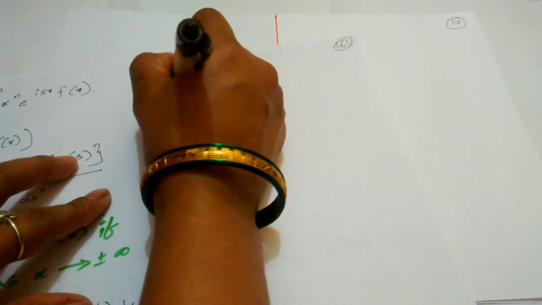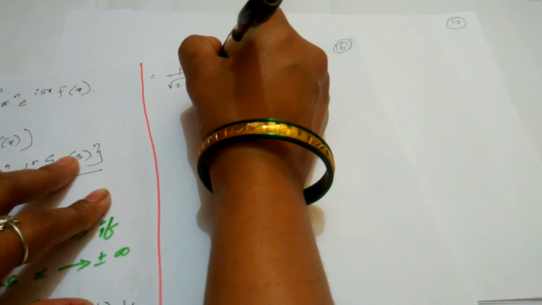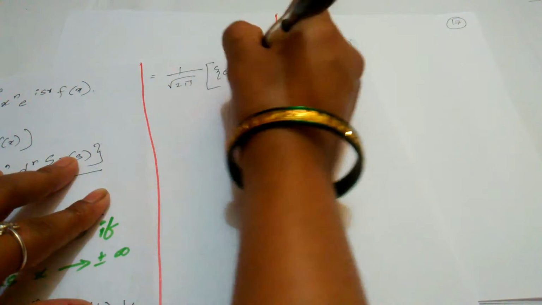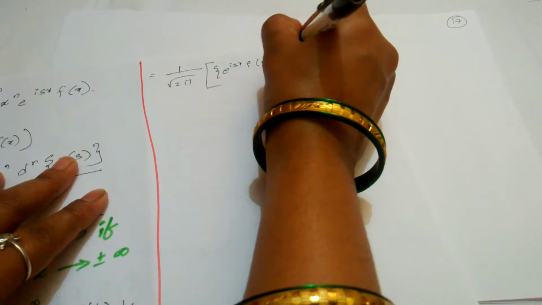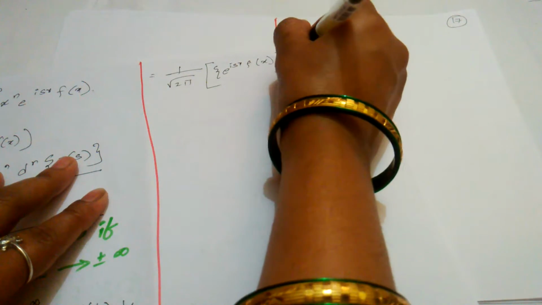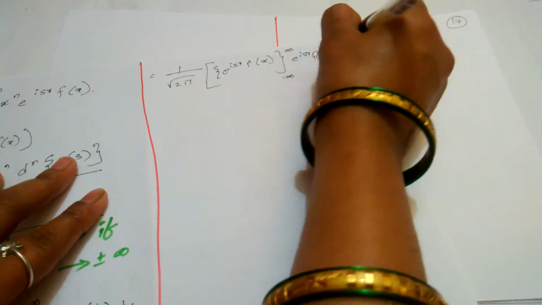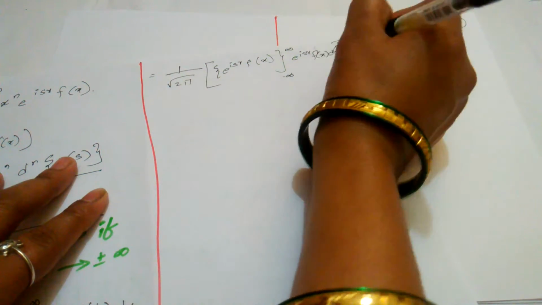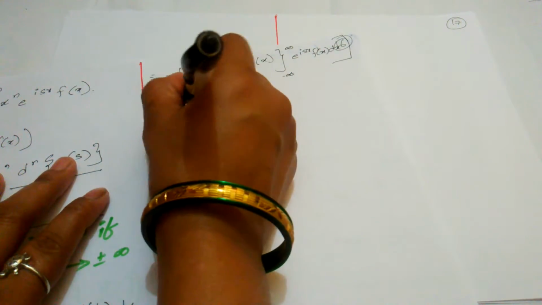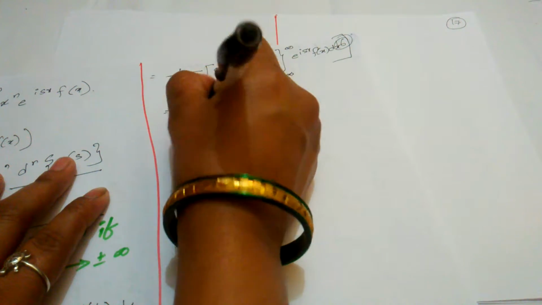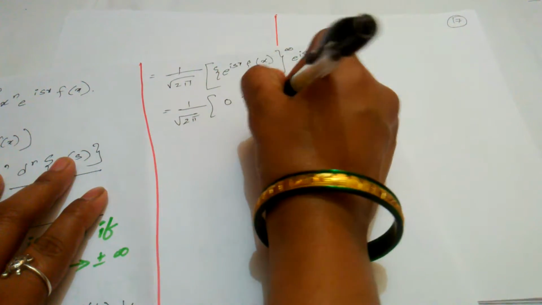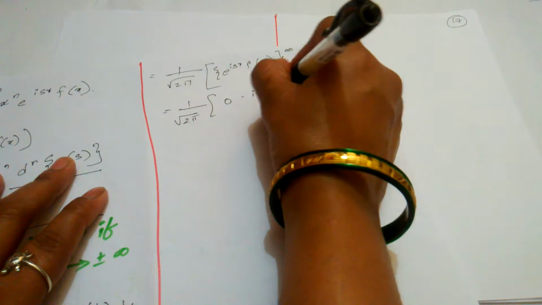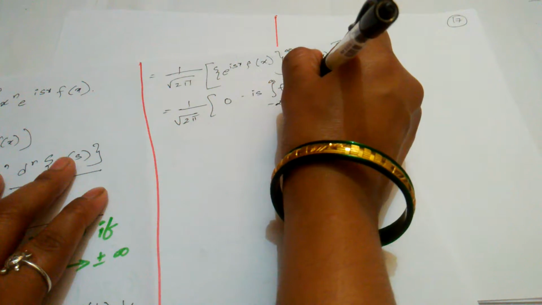Okay, so next step it will be equal to 1 upon square root of 2 pi, e^(isx) f(x) taken out, minus the integral from minus infinity to infinity of e^(isx) f(x) into dx, or else 1 upon square root of 2 pi, the first part will be 0, minus is will come out, integral minus infinity to infinity f(x) dx.